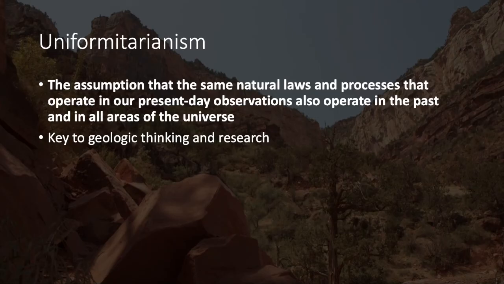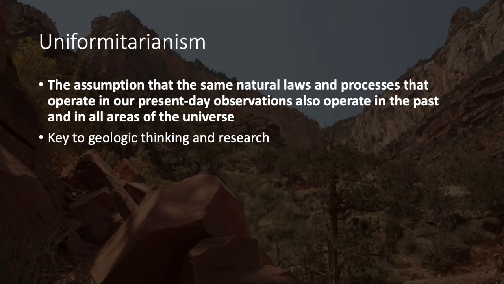So one final topic that I want to delve into before we leave geologic time behind is uniformitarianism. That's a really big word that just says the main assumption that geologists make when talking about the past is that the processes that we see today are the processes that occurred millions of years ago.